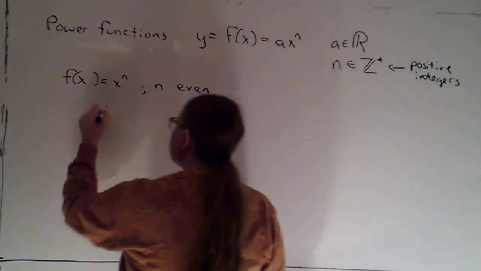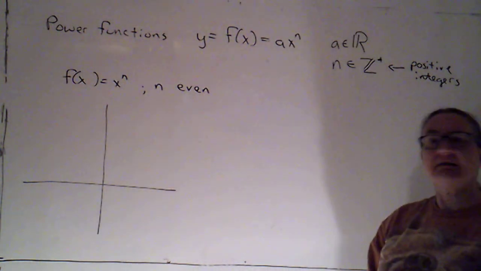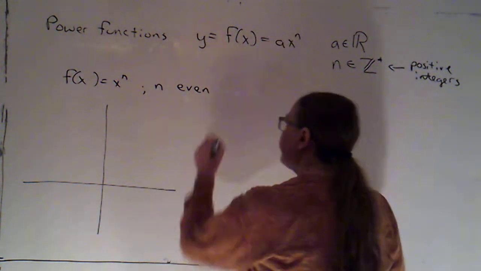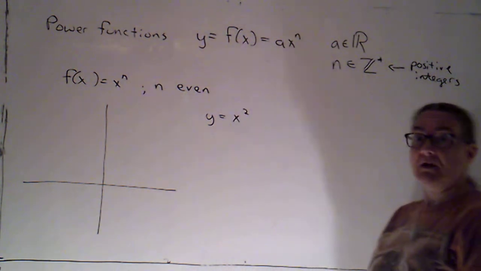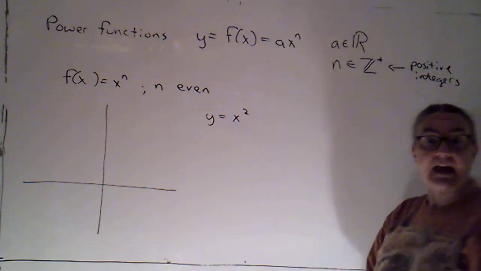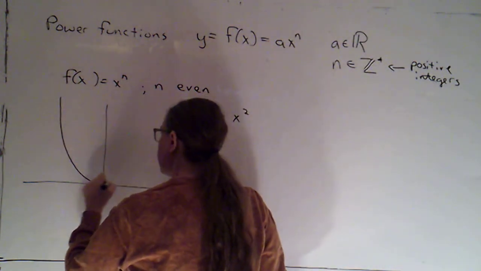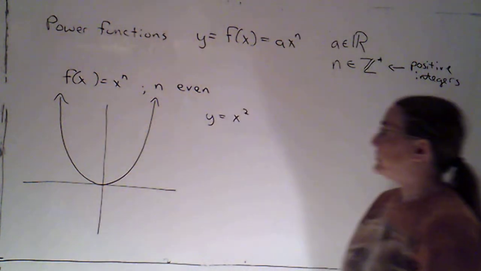Okay, so I'm going to just take a look at the graphs and see if we can evaluate the end behavior that way. So the first positive even integer that I have would be 2. So let's look at y equals x squared. Well, I'm familiar with what that looks like. That's just a parabola, like so.